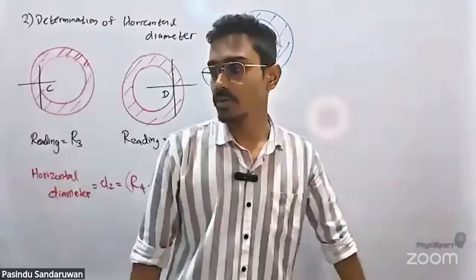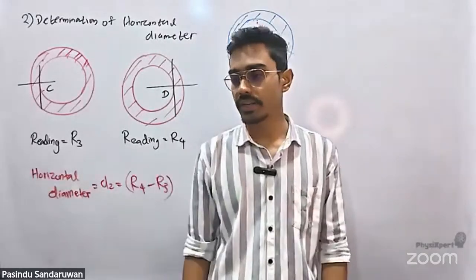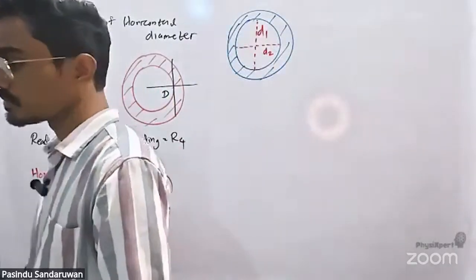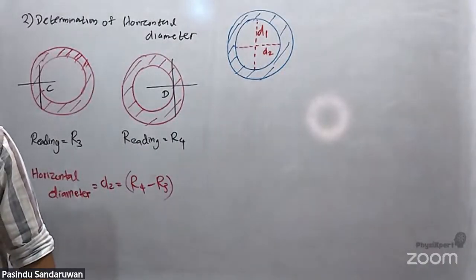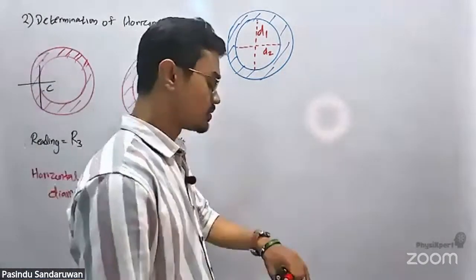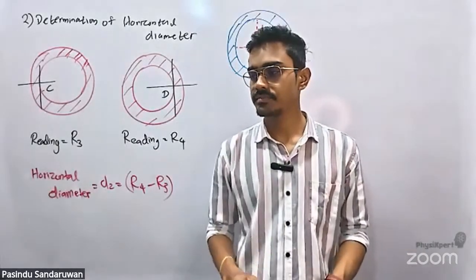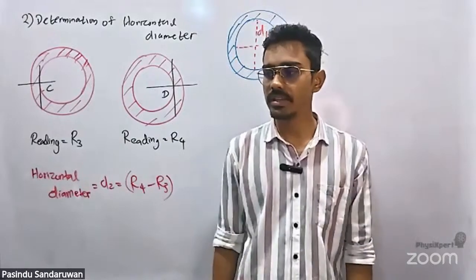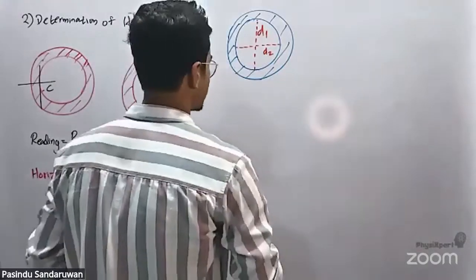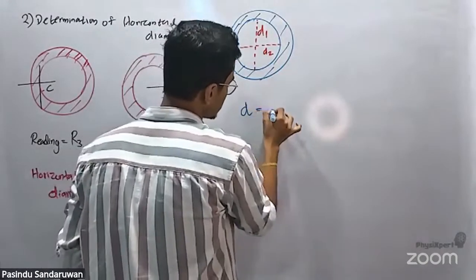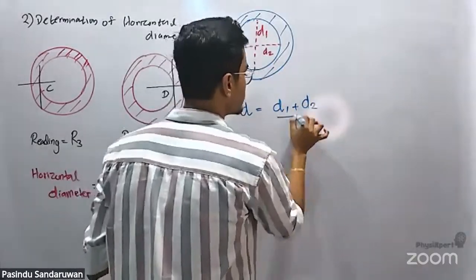Okay, next write down. Therefore, if the internal radius of the capillary tube is simply D, put a comma and write down D equals D1 plus D2 over 2.